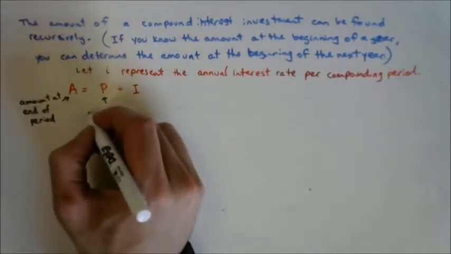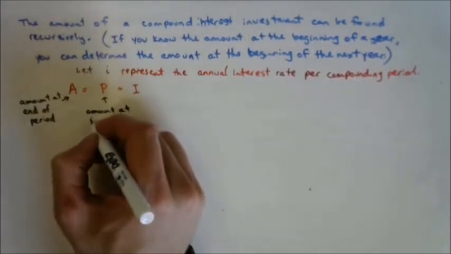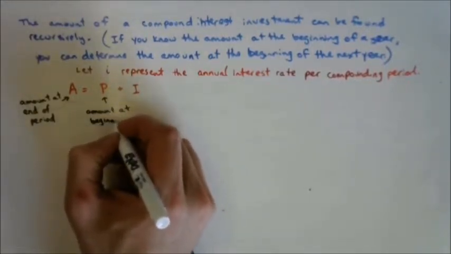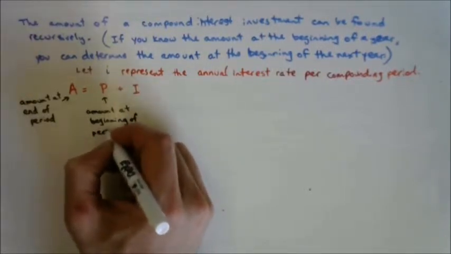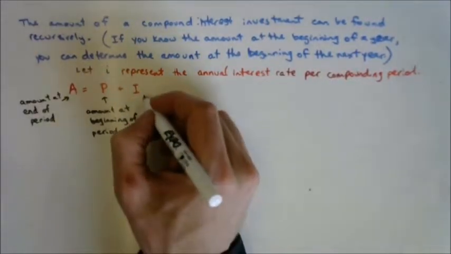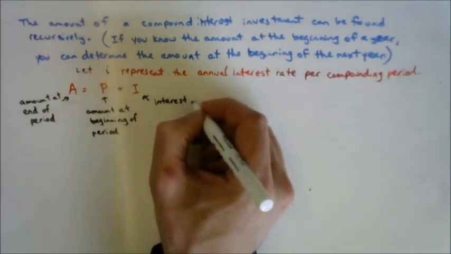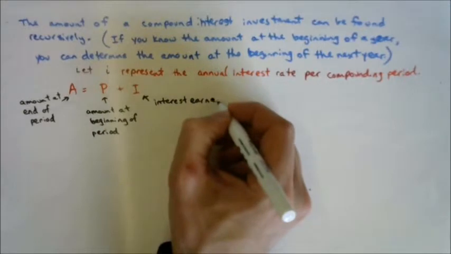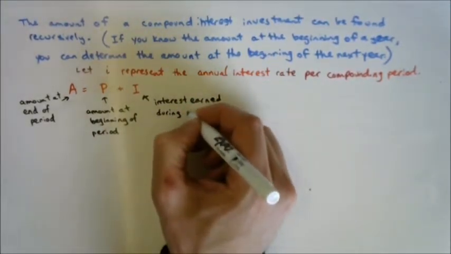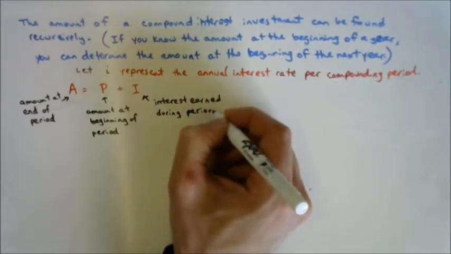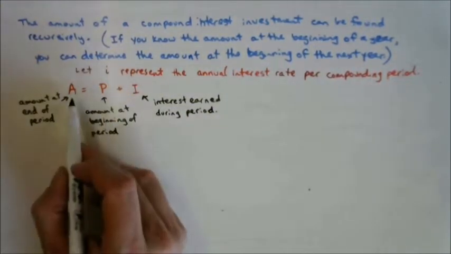This is the amount at beginning of period. And this is interest earned during period. That makes sense. If you start with a certain amount, you add what you earn during that period, you'll have your new total.